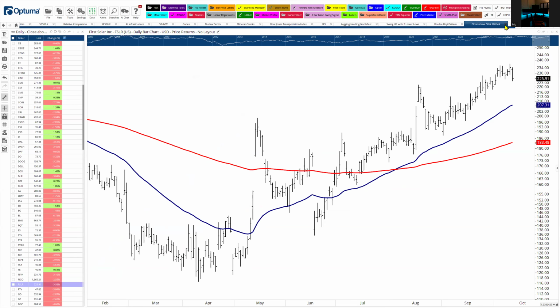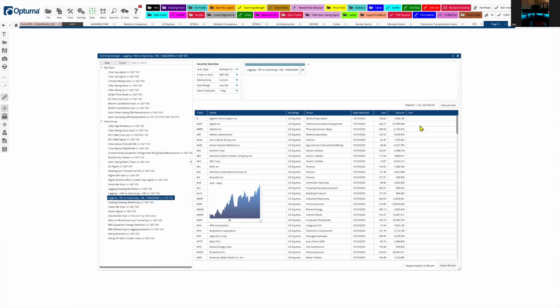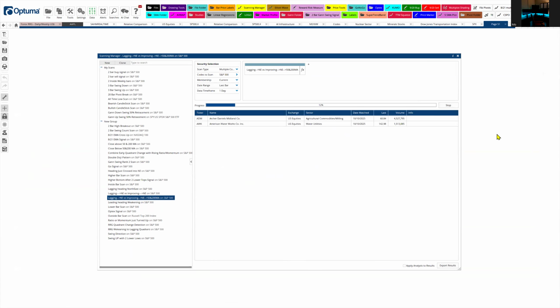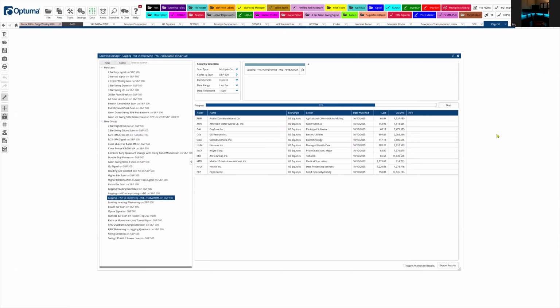I'm working on one. Close all these windows. This one is the same rotation, but it will only filter stocks which are trading above the 50 and 200. Those buy signals are strong signals when they trigger, you know?